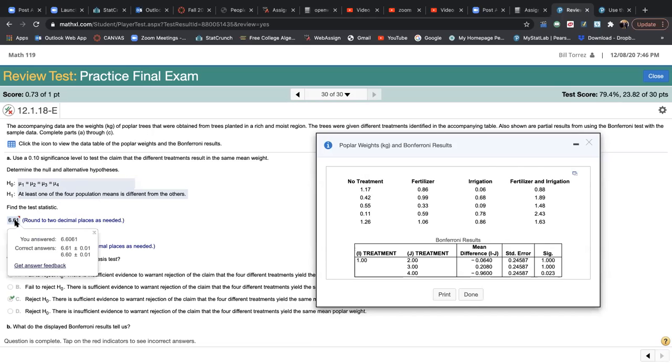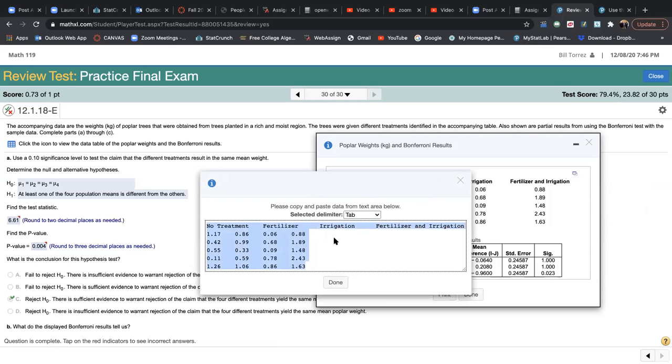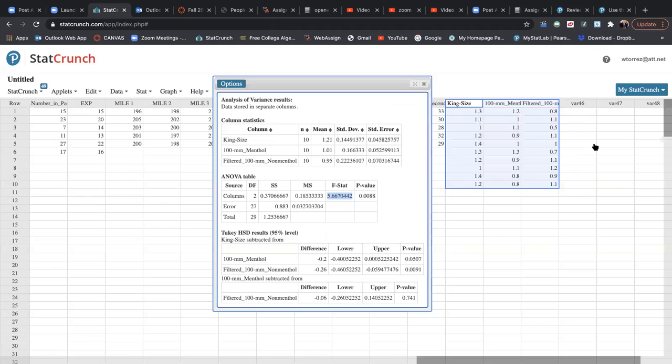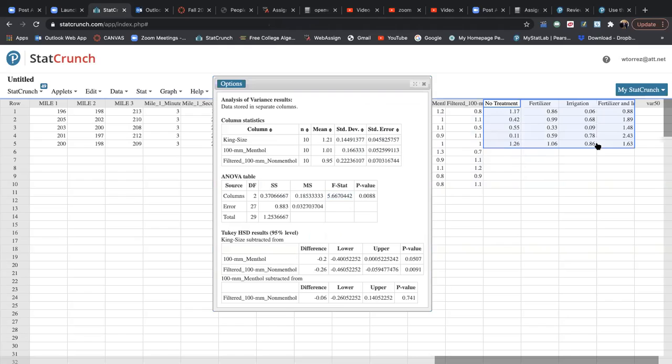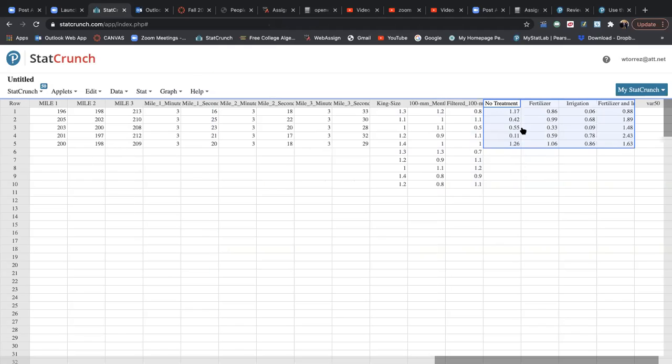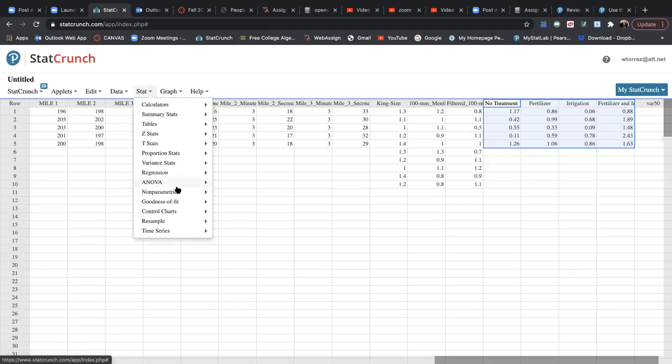So let's go to the F test in StatCrunch. And let's go ahead and copy and paste the data. Okay, so there's our data. And now we can do the one-way analysis of variance for these 4 means.